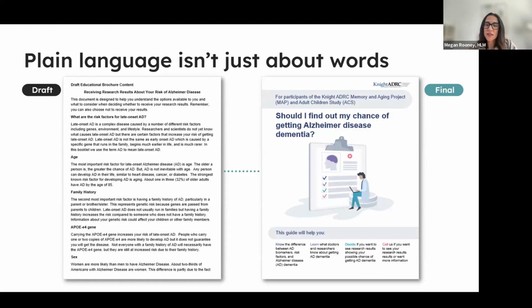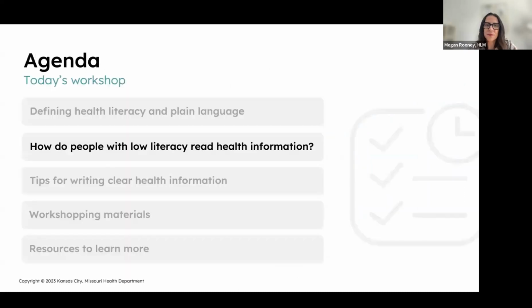And on the right, you see our redesign of this content. This is just the cover page, but we use this same design throughout. You can see there's a lot of white space, there's color, there's icons and graphics, there's small bits of information for people to process so that they're not processing many, many paragraphs all at once.